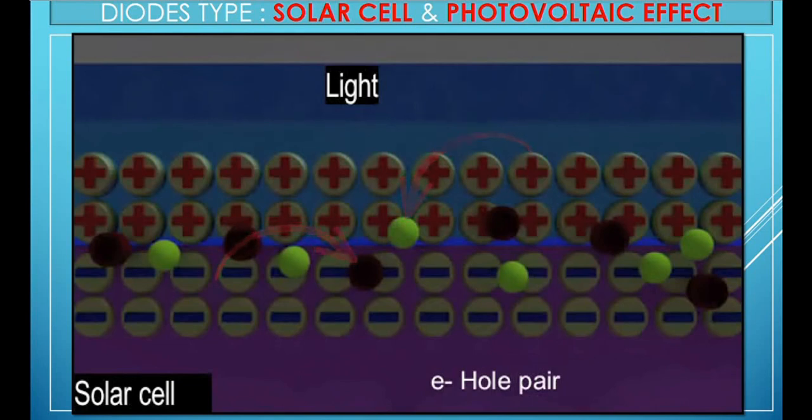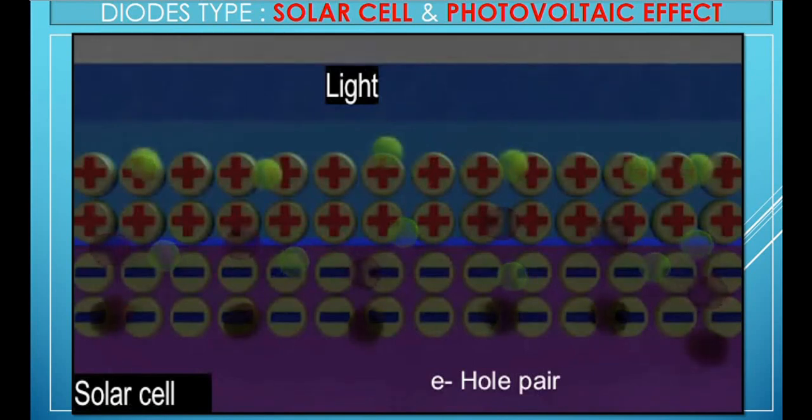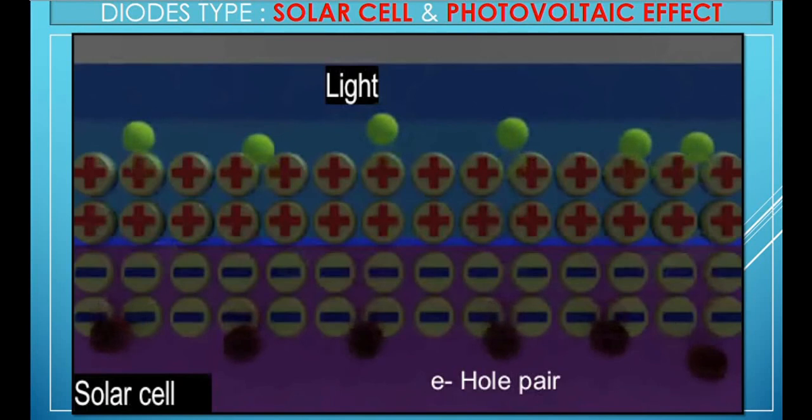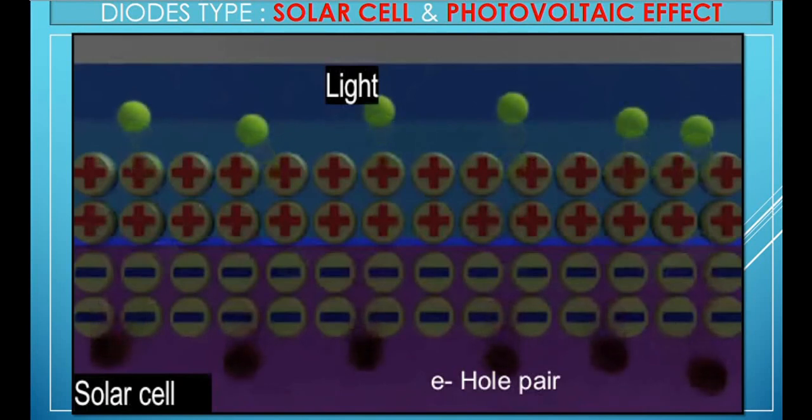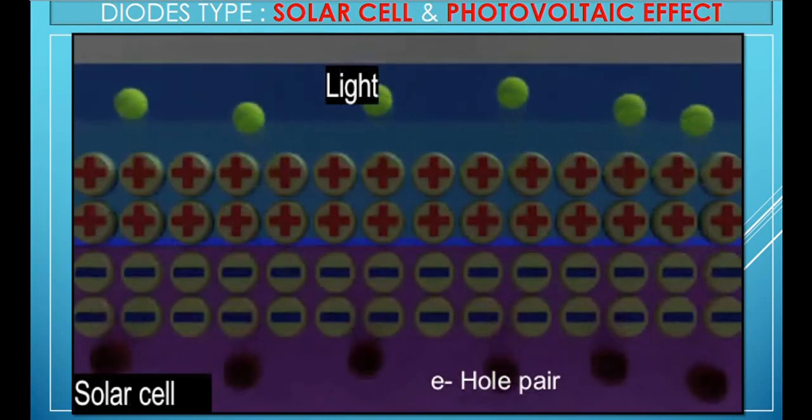So due to this electric field difference, a voltage difference is formed. So this is the condition of an open circuit solar cell.